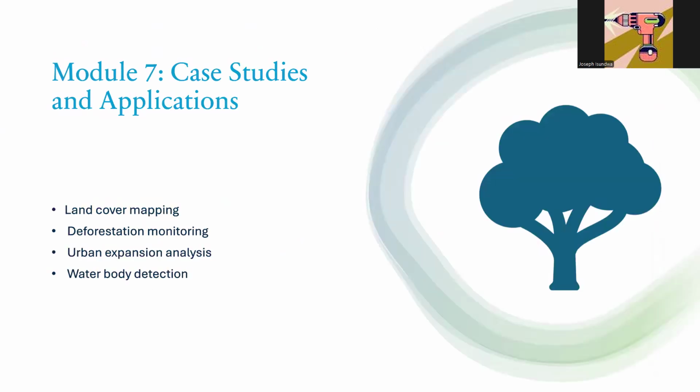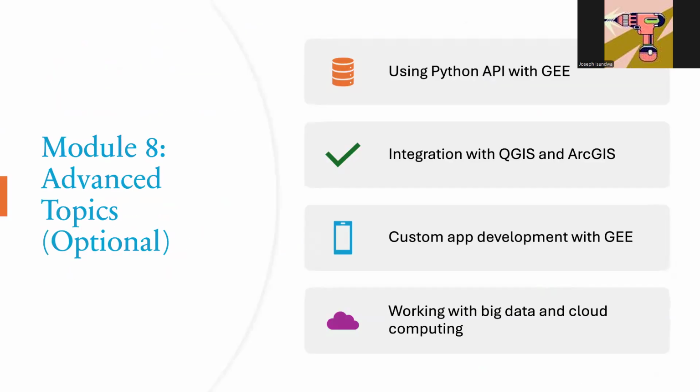The seventh module, we are going to do case studies and applications. So we will choose what areas we will work with. We can do land cover mapping, deforestation mapping, urban expansion analysis, water body detection, and we will also see other areas that can be applied. Then the eighth module, now we can see using the Python API with Google Earth Engine.